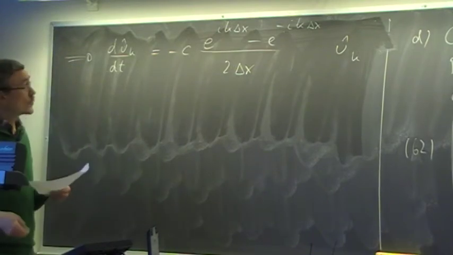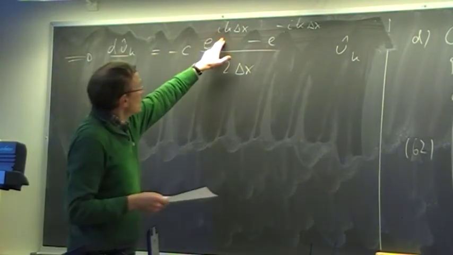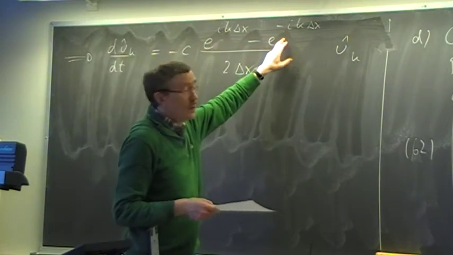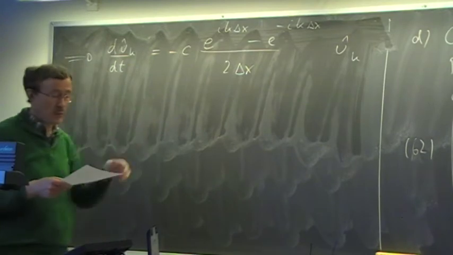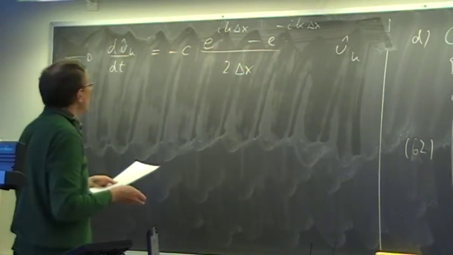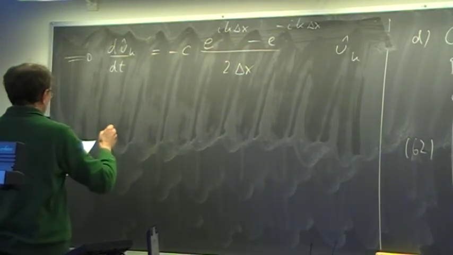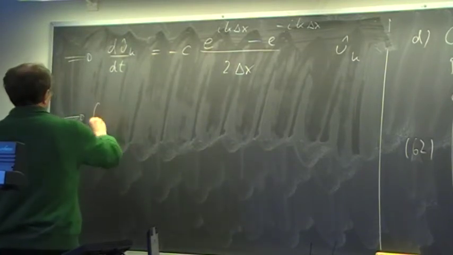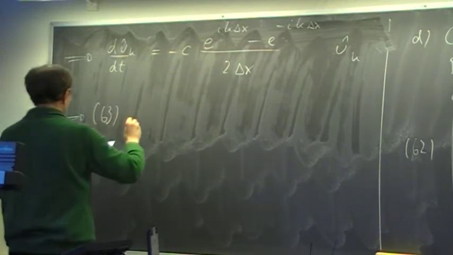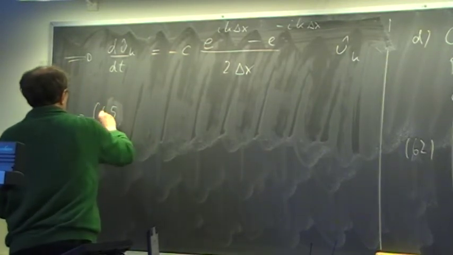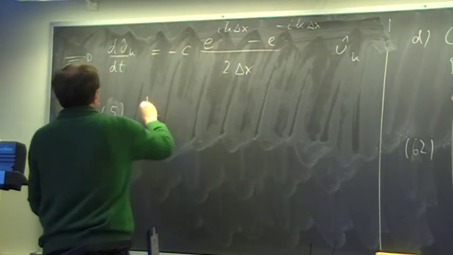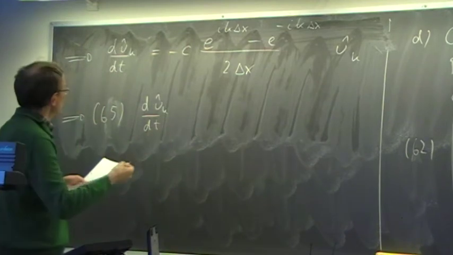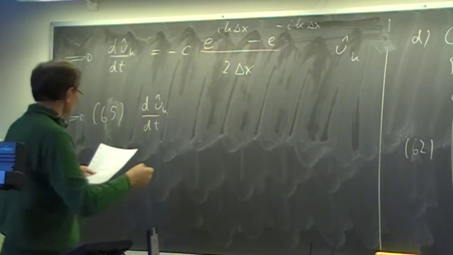We can now use Euler's formula. This is cosine plus I sine, this is cosine minus I sine. So the cosine goes, and we get 2 times sine. So with Euler's formula we get the time derivative of the Fourier mode, which is the amplitude of the Fourier mode.